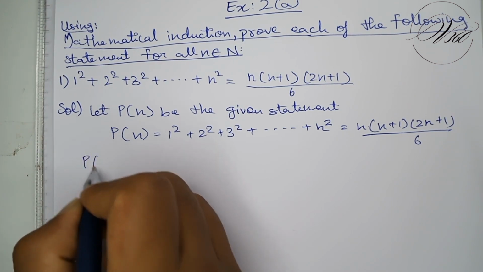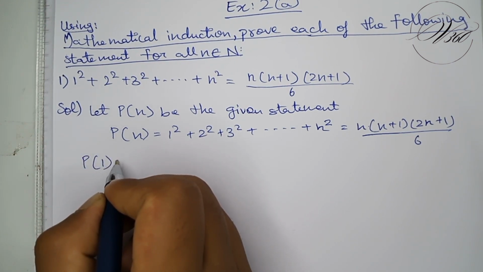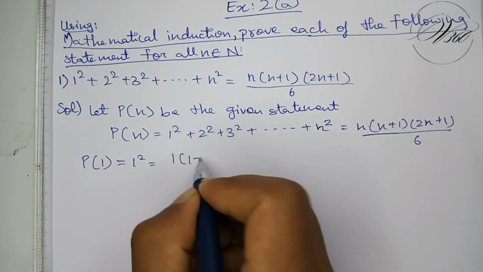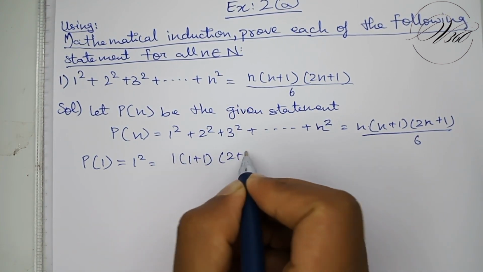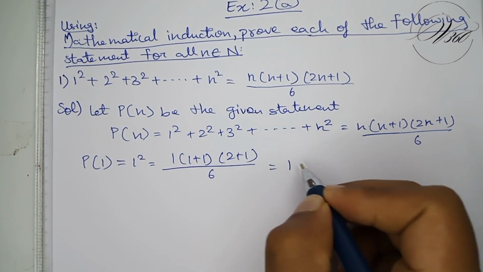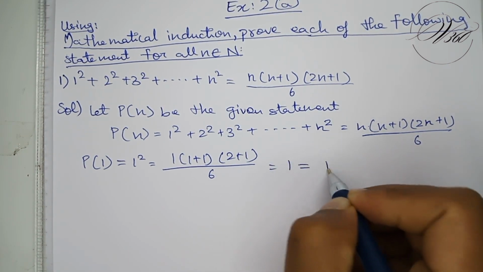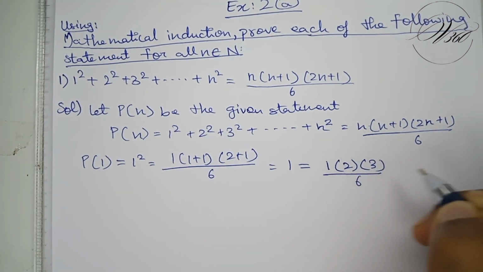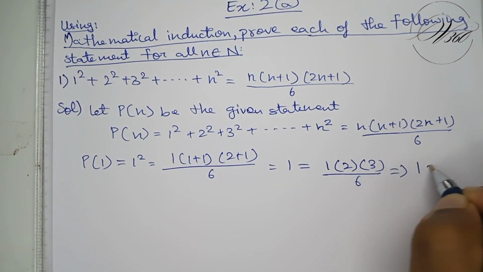Now P of n, sorry, P of 1 is equal to 1 square is equal to 1 of 1 plus 1 of 2 plus 1 by 6, that is equal to 1 of 2 into 3 by 6, that implies 1 is equal to 1.